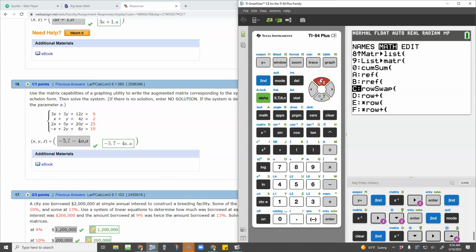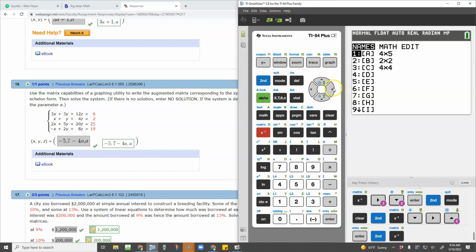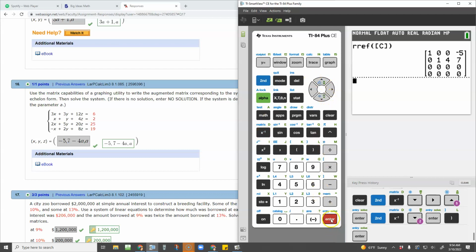I was supposed to do RREF, so I guess I put it in C for whatever reason. So let me go get C. Okay, that's way better. I was like, no, that does not make sense. Never mind, this is way better. Thank you. That's what I got. I was doing the wrong matrix.